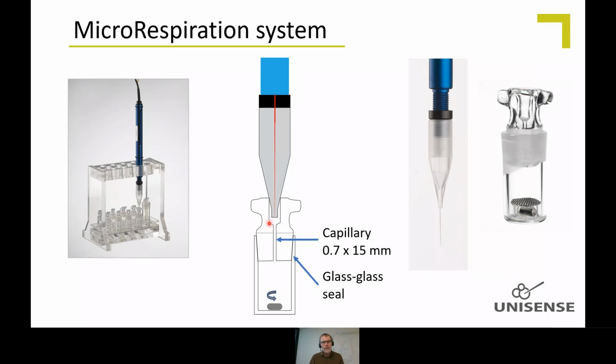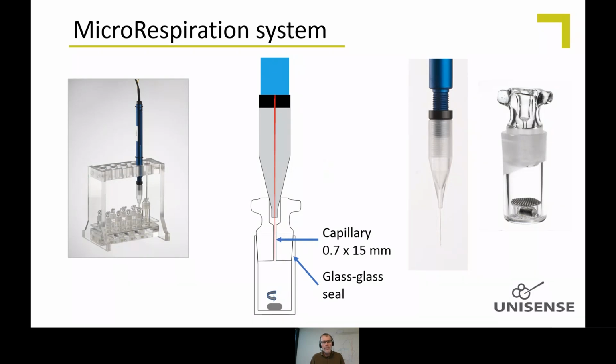So if you have, for example, a low oxygen concentration in here and high oxygen out here, the diffusion of oxygen through this long, thin capillary will be so low that it cannot be detected in here. You don't even need to check for it. You can control it, of course, but you don't even see it after days of incubation. There's no oxygen coming in through this capillary.